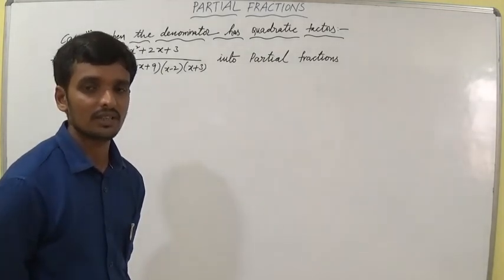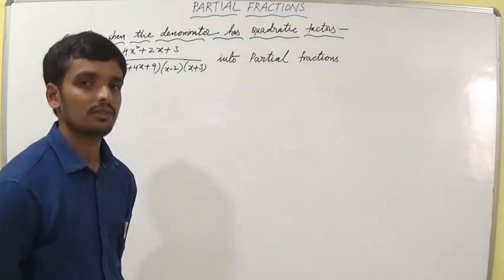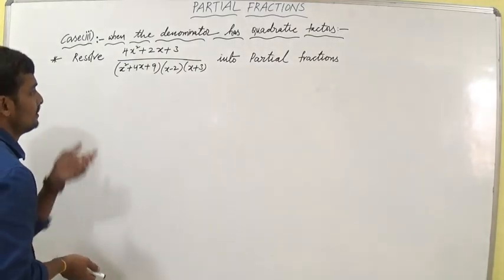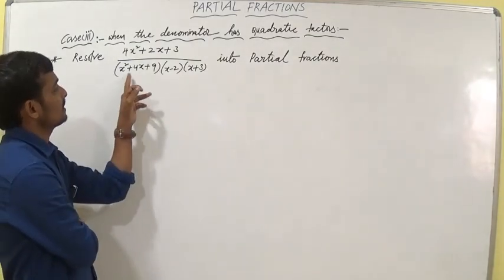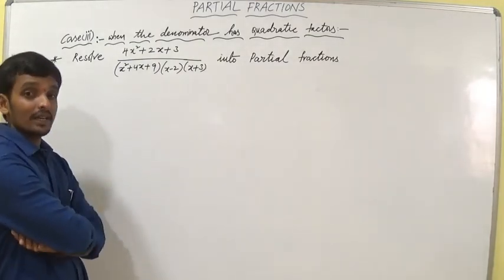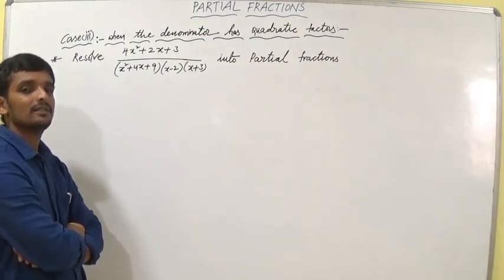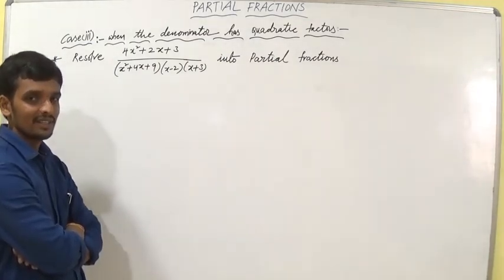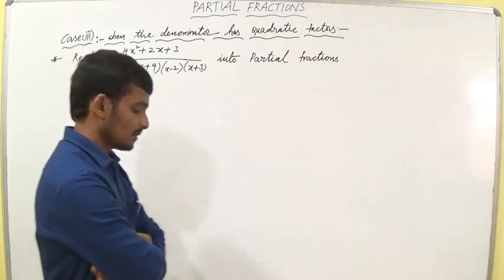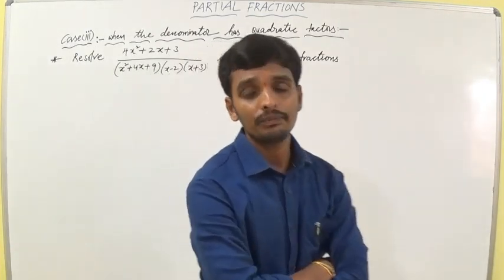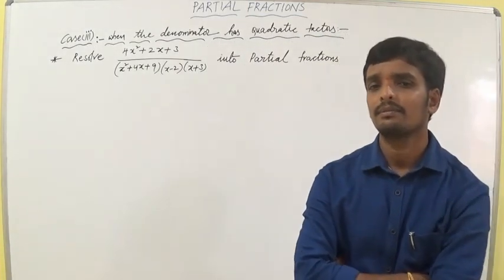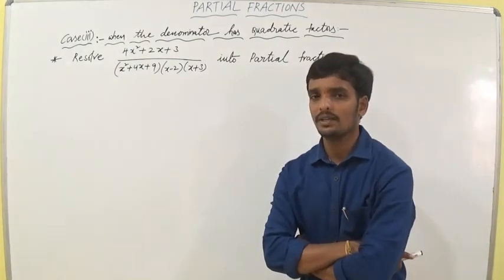Is it tough or wrong? That is secondary. So we can. First of all, can we factorize the denominator x square plus 4x plus 9 or not? That is the most important thing. Find the value of delta, b square minus 4ac.